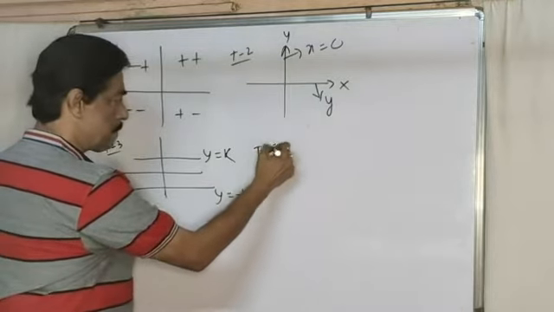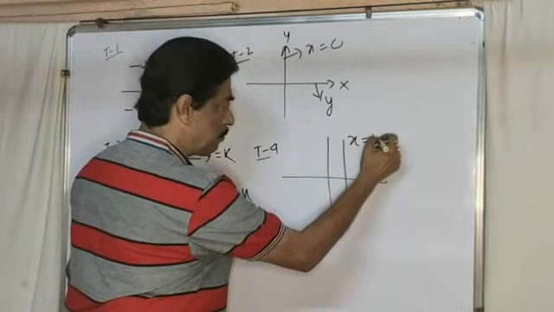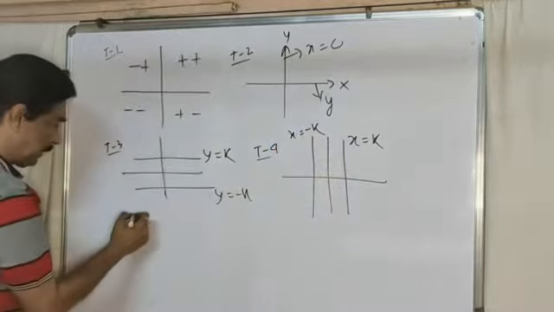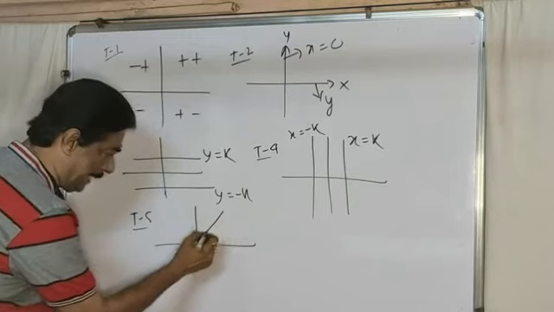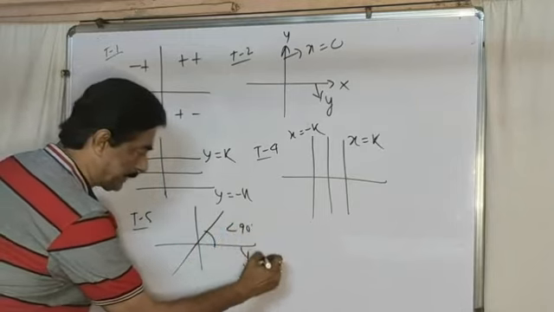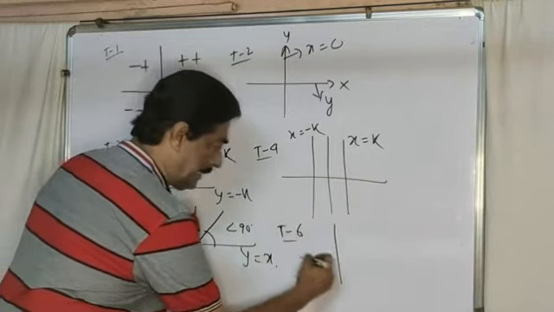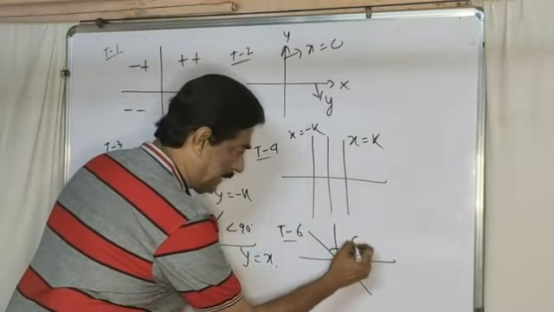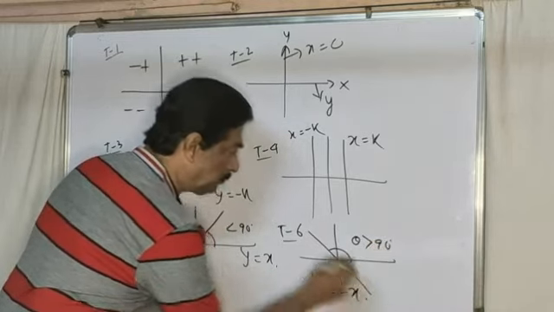Theorem number 4. The line parallel to the y-axis: x equals constant, and on this side x equals minus constant. Theorem number 5. The line passing through the origin with angle less than 90, then y equals x. Now theorem number 6. The line passing through the origin with angle theta to the positive side greater than or equal to 90 degrees, your result is y equals minus x.